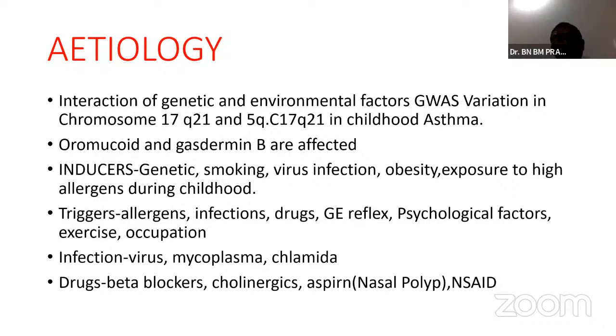Even drugs like beta blockers, cholinergics, aspirin, especially in those who are associated with nasal polyps and aspirin, produce what is called the Samter's syndrome, where even a small dose of aspirin can produce a very severe asthmatic reaction. And non-steroidal anti-inflammatory drugs also can result in asthma by skewing the metabolic pathway of the fatty acids in the cell to either a leukotriene pathway or a cyclooxygenase pathway.